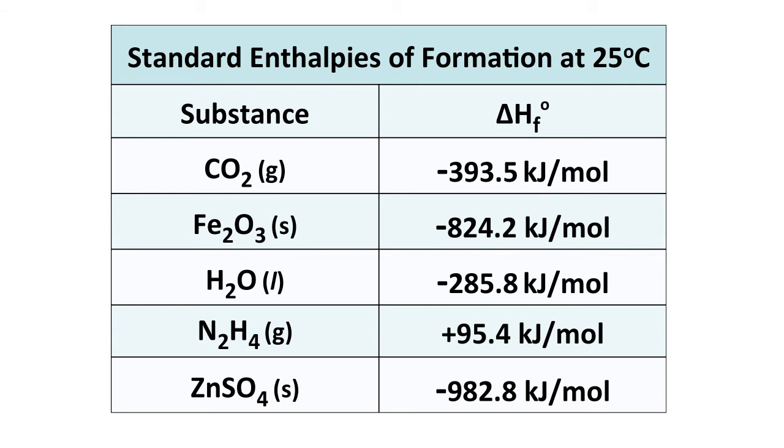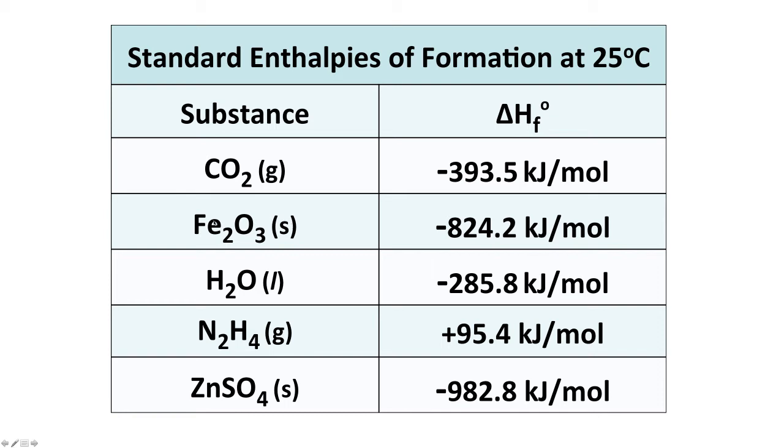Because they're so useful, they are found in tables in chemistry textbooks and reference books, and these are just a few examples of some standard enthalpies of formation at 25 degrees Celsius. Carbon dioxide, CO2 gas, has a standard enthalpy of formation of negative 393.5 kilojoules per mole. So starting with carbon and oxygen in their standard states, when a mole of carbon dioxide gas is formed, there's a delta H value for that reaction of negative 393.5 kilojoules.